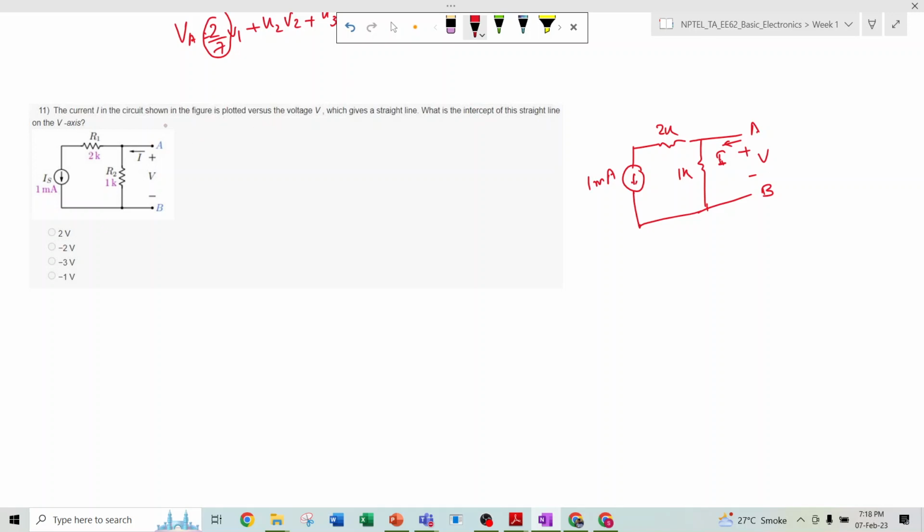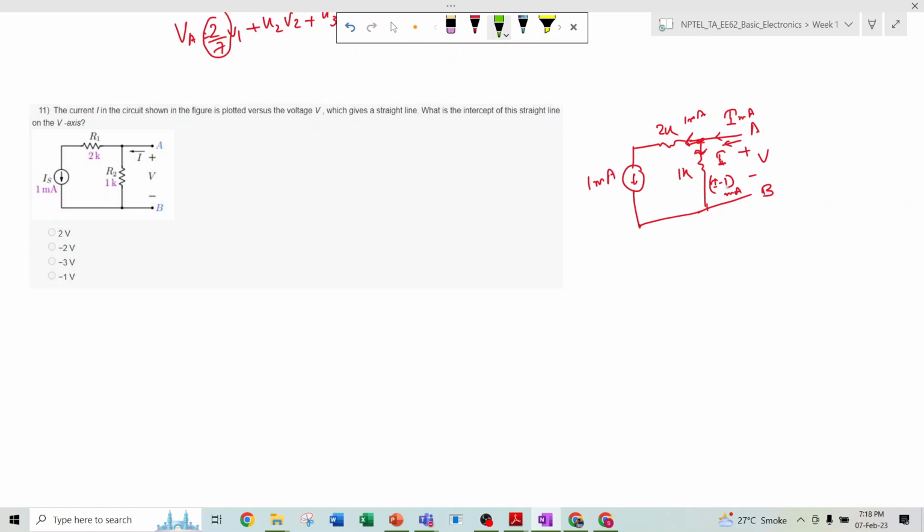So they are asking about the current I versus V, what is the plot? Basically the current is flowing, here is I, and here it has one node. From here some current is dividing, some current is flowing here and the rest of the current is flowing through here. This current is 1 milliampere. If you consider I in milliampere, then here the current flowing is I minus 1 milliampere. The rest of the current will flow through this.